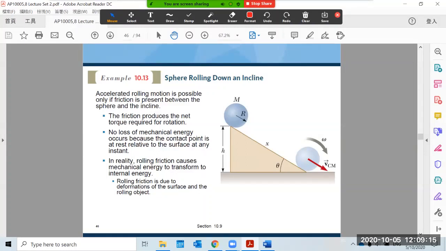And there will be no loss of mechanical energy at the point of contact because the ball is rolling, so therefore no relative motion at the point of contact. Therefore, there is no mechanical work done.